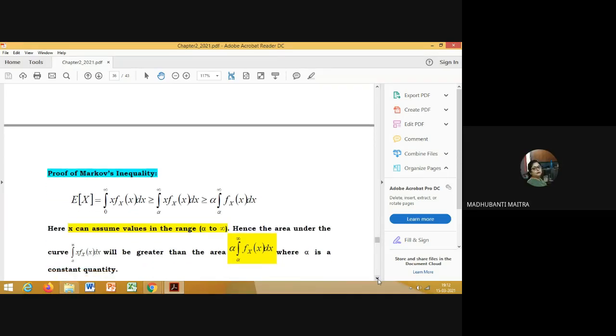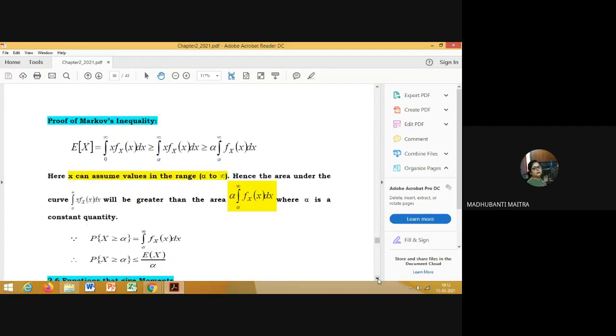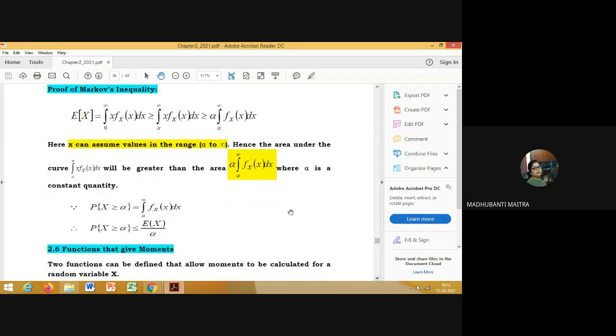And hence from this we get that the probability that x is greater than or equal to alpha is equal to this area. So we have got this.